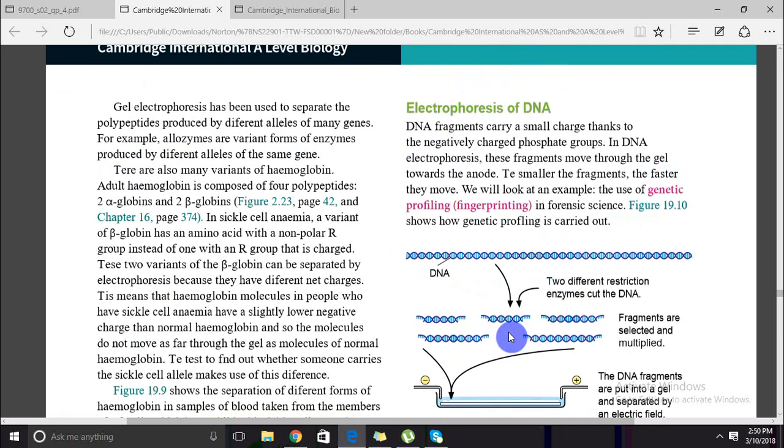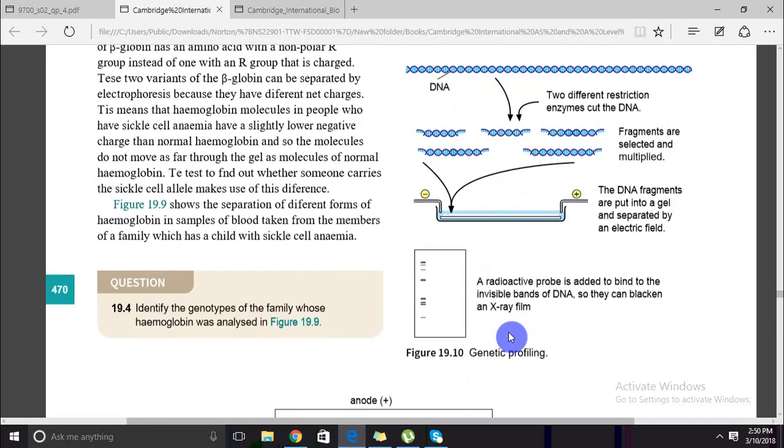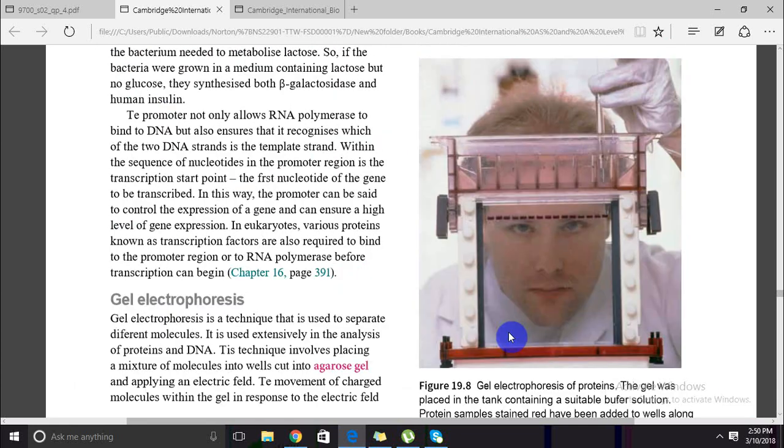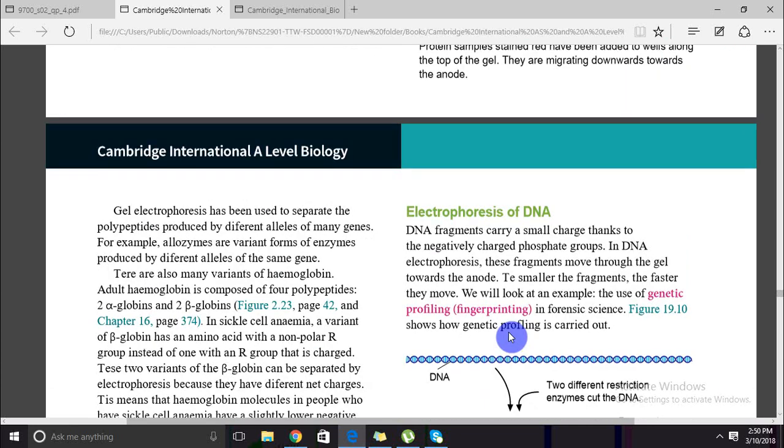So, electrophoresis of DNA. DNA fragments carry a small charge thanks to what? In proteins it was due to the ionized R groups, but in DNA it is due to negatively charged phosphate groups.